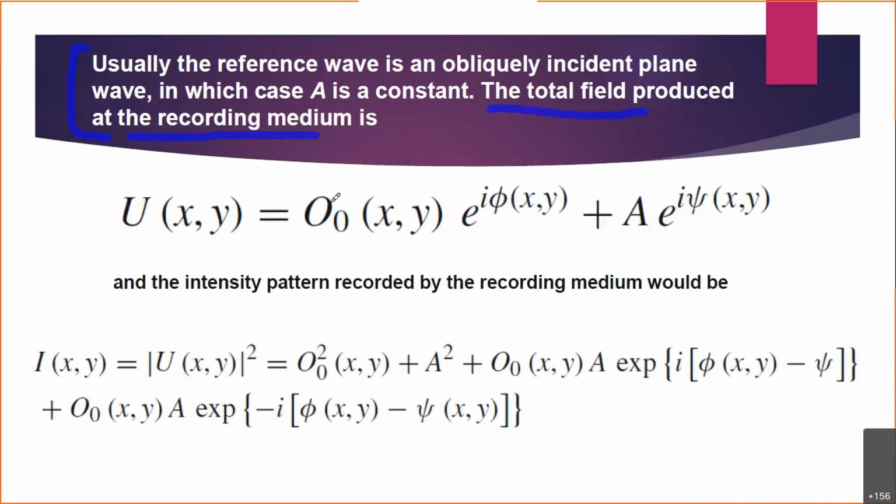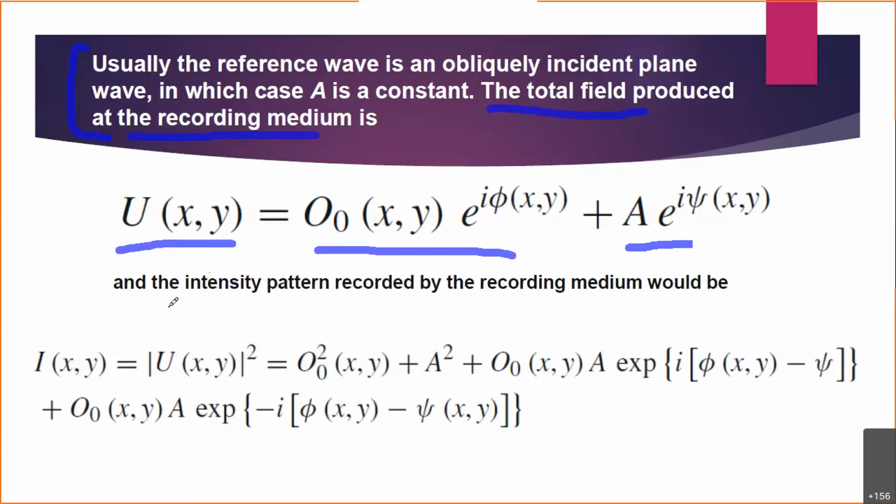At the recording medium, the total field will be the object wave plus the reference wave, so you have to take the sum of these two. I have taken the sum and represented it with another quantity, capital U, which represents the total field. If you want to change capital U to some other name, you can do it, no problem. But you have to specify that this term is the total field for both the object wave as well as the reference wave.